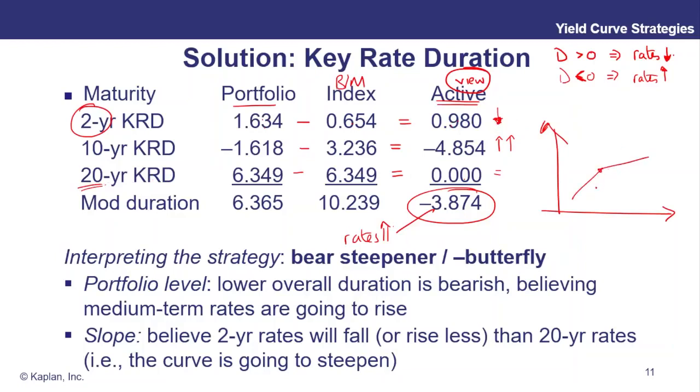That's a steepener. We do expect intermediate rates to rise as well. So we have this increase in curvature. We've got a steepening, particularly at the short end, and an increase in curvature.